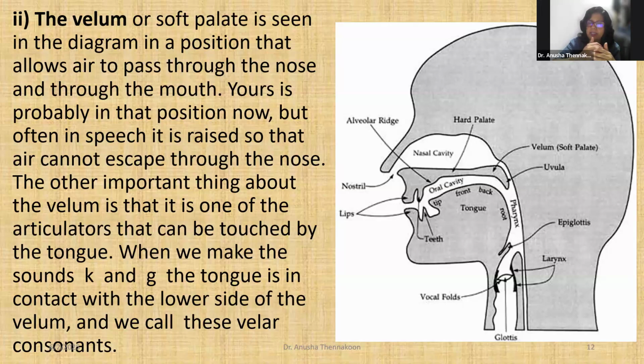It is just like a gate. When the velum closes the nasal cavity, we can talk. And when the velum closes the oral cavity, we breathe. The velum is a soft palate texture. It's not hard, it's soft.